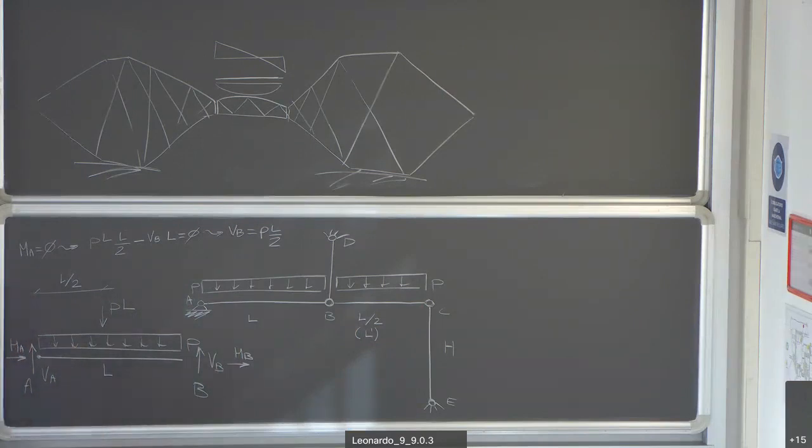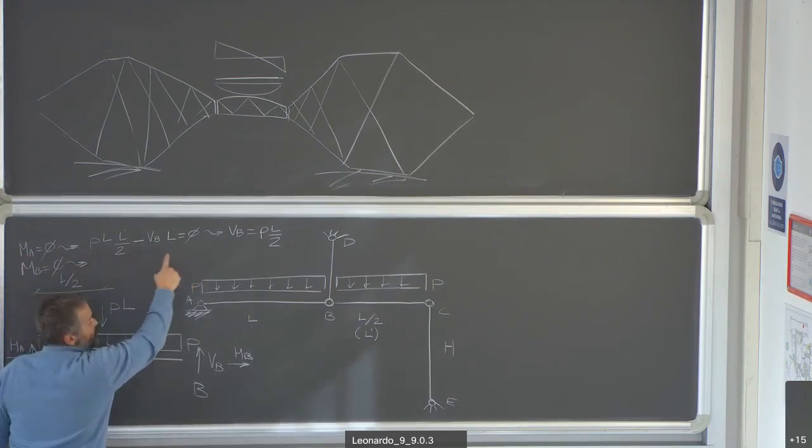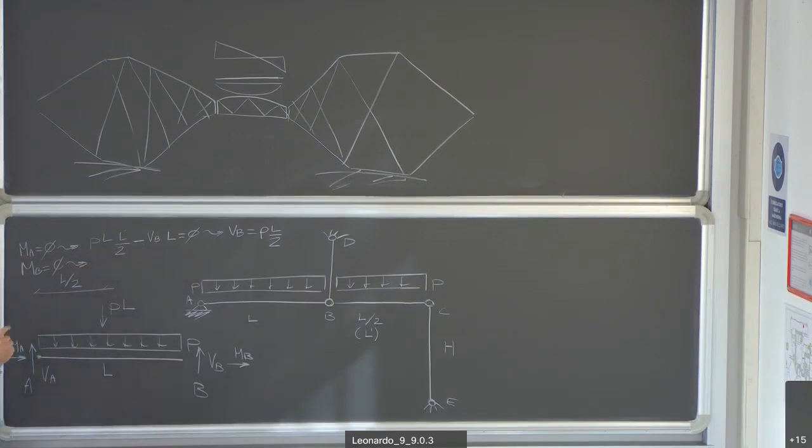Now, going on, MA equal to 0 gives me that. I could write 2 different equations to work out VA. I could write MB equal to 0, and I would basically rewrite this equation, only replacing VB with VA.